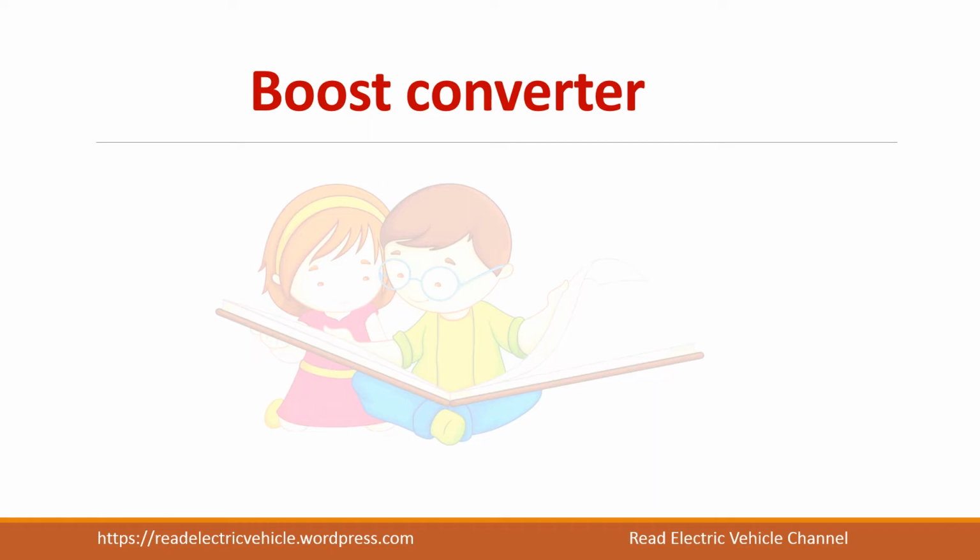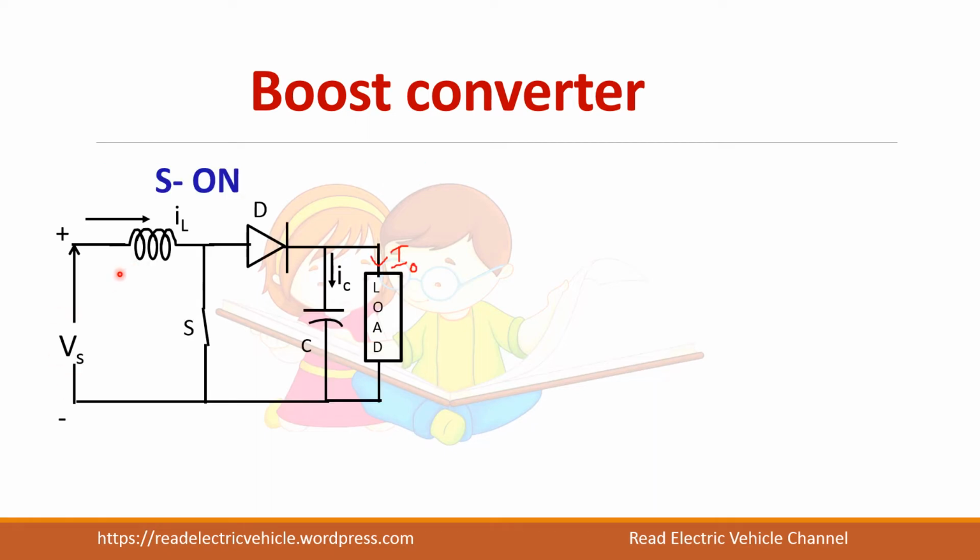Considering the on condition of this switch, when this switch is closed, the current flows to the inductor, switch and back to the supply. So the inductor current increases linearly. So the voltage is also positive because VL is equal to L into di by dt, and di by dt has a positive slope.